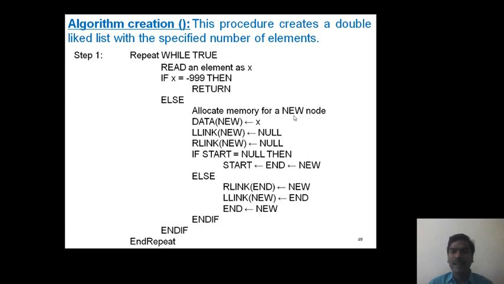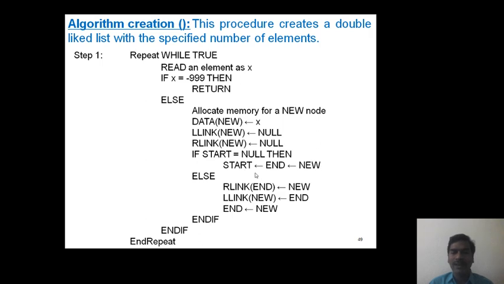When memory is allocated, now this new node consists data, L-link and R-link parts. Now those parts are filled as data of new equivalent to X, L-link of new equivalent to null, R-link of new equivalent to null. Now we check whether the list consists any elements or not. If start equivalent to null, then now the inserting node becomes start and end nodes of the list.